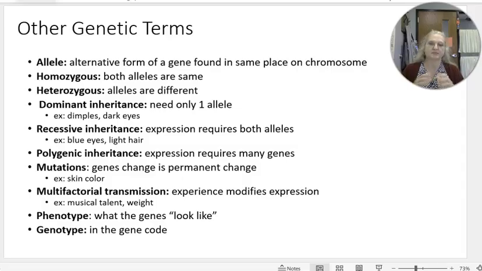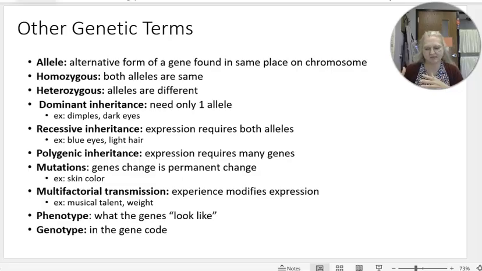Polygenetic means you have to have a whole bunch of them in order for them to present, in order for them to show up. Complexion is usually considered polygenetic; it's not just a matter of one set of alleles. But that's where it gets confusing, because it's also considered a genetic mutation, or a genetic evolution in response to environment.